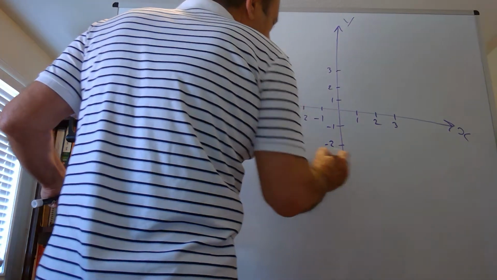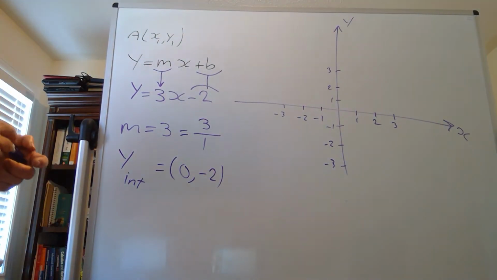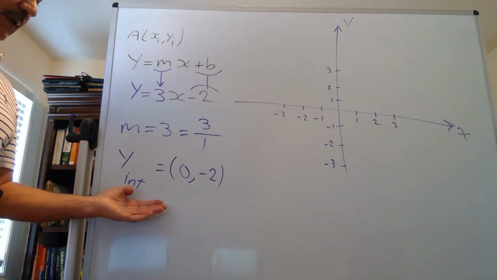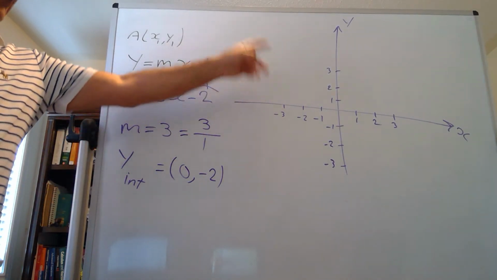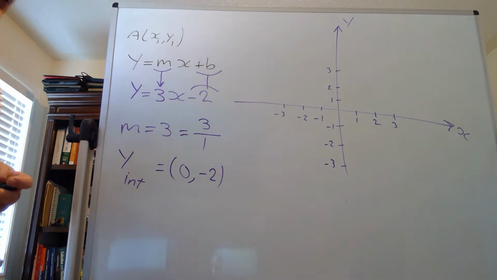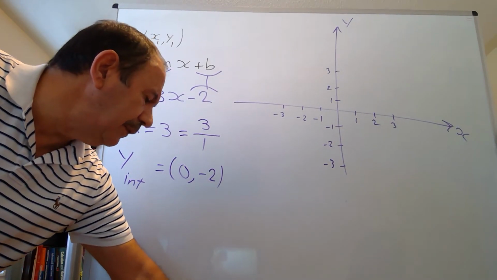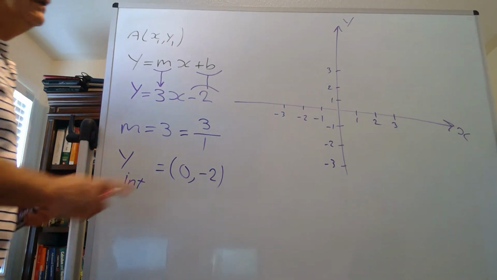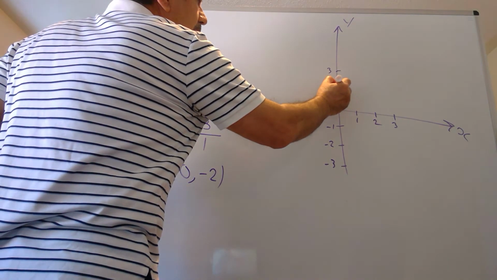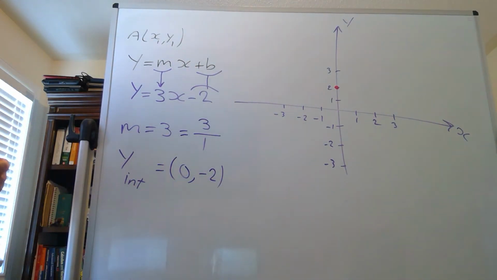Okay, this is our coordinate system. Now, my first point is the y-intercept. Where is the y-intercept? On the y-axis, at negative 2. This is the y-intercept. y negative 2, x 0 is this point. Okay, this is my first point.